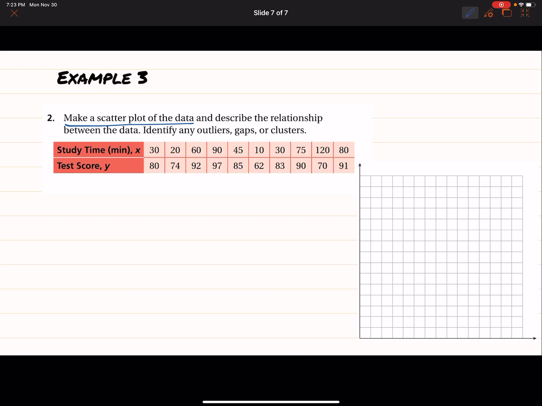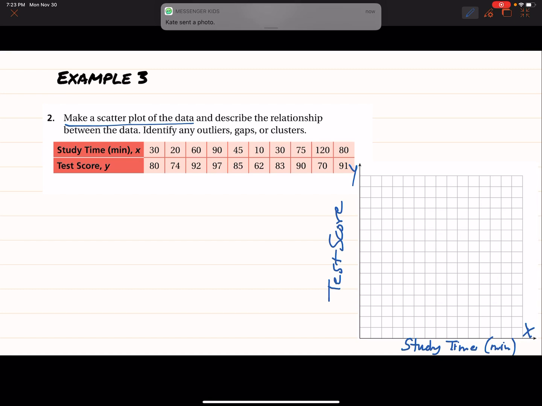So when we look at our table, we have our X and our Y. So I'm going to go ahead and label and set up my graph. So my X is study time, my units, minutes, and my Y is going to be test score.